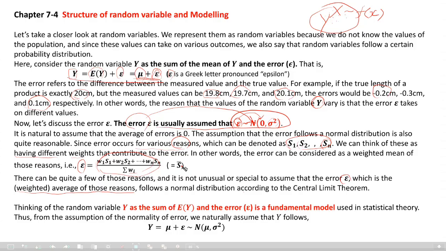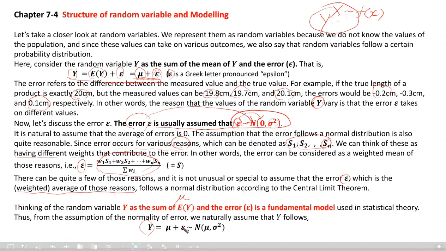Get it? Think of the random variable y as the sum of the mean of y and epsilon, which is a fundamental model used in statistical theory. So y is mu plus epsilon.